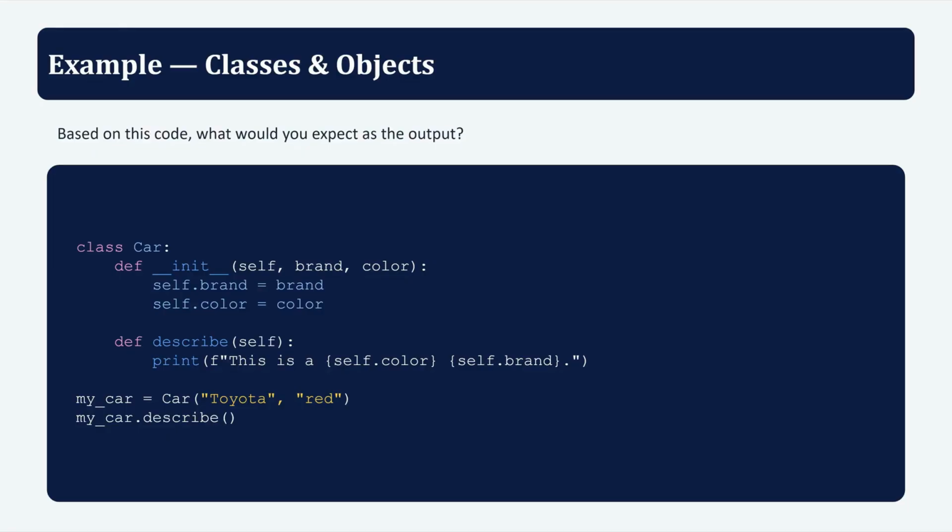An example of classes and objects. Based on this code, what would you expect as the output? This is a car, and these are its attributes, and these are its methods. Init means initialize, and that's where we usually hold all the attributes.